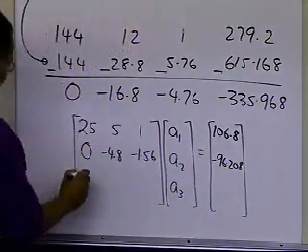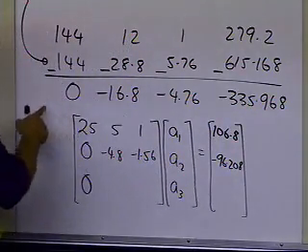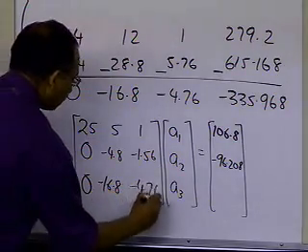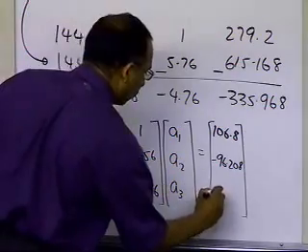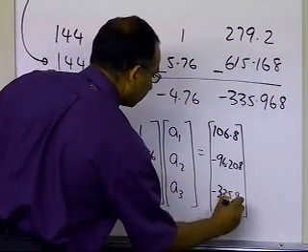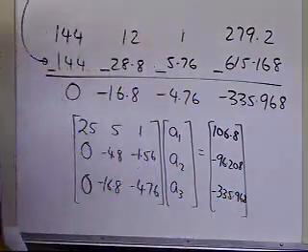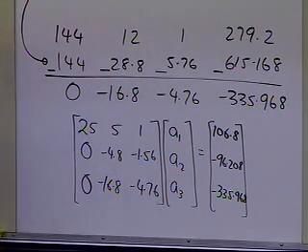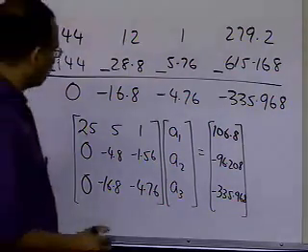And this one here is the equation which we just found out, 0, minus 16.8, minus 4.76, and minus 335.968. So that's what we get at the end of the first step of formulation.